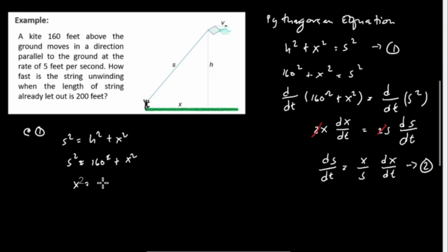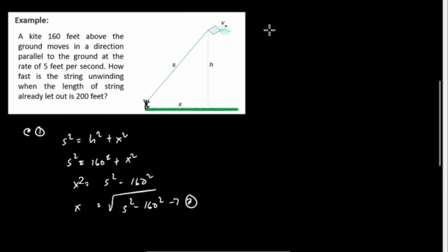So x is equal to the square root of s squared minus 160 squared, and this is equation 3. Substitute equation 3 into equation 2.